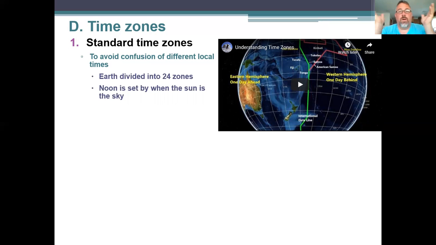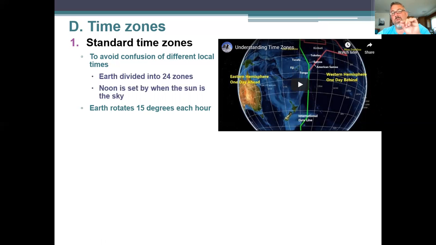So noon for the central time zone is at a place, but it's not quite exactly where the sun is directly overhead. It's off a little bit. For us, being on the eastern side of the central time zone, the sun is probably directly overhead a little bit earlier than high noon, but that's in the center.